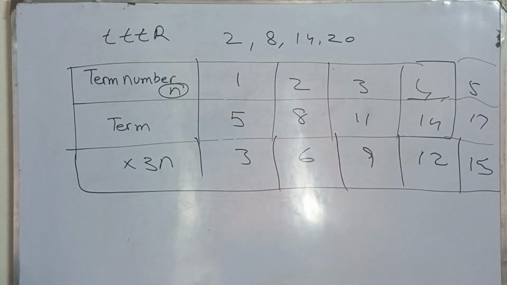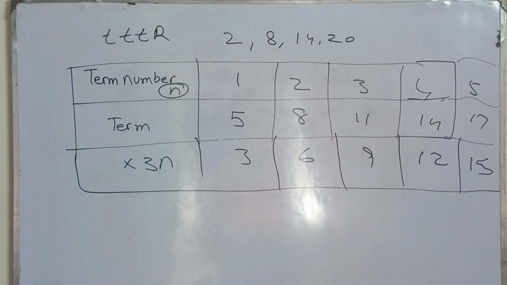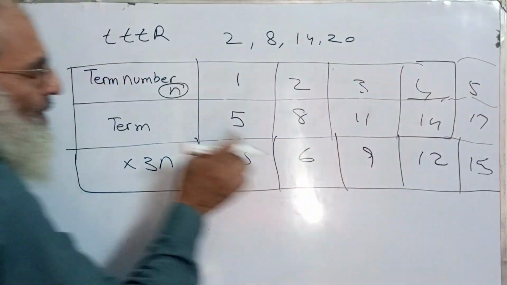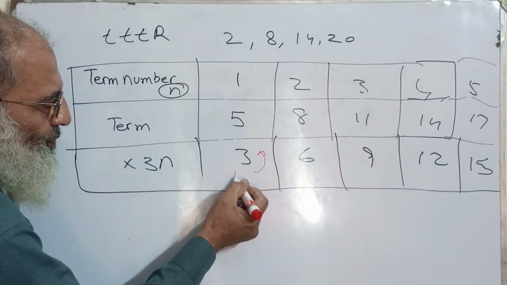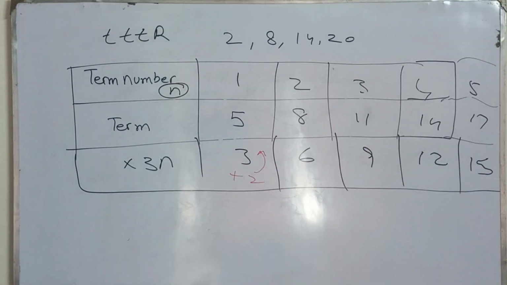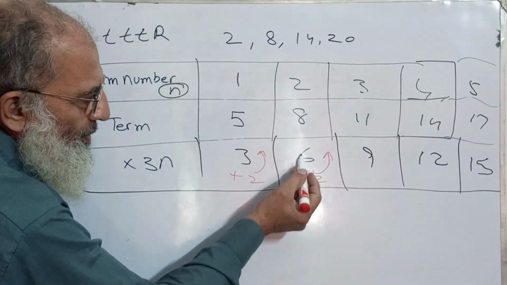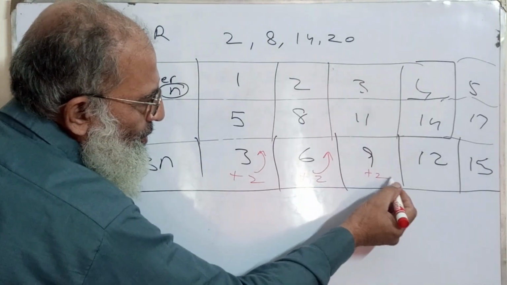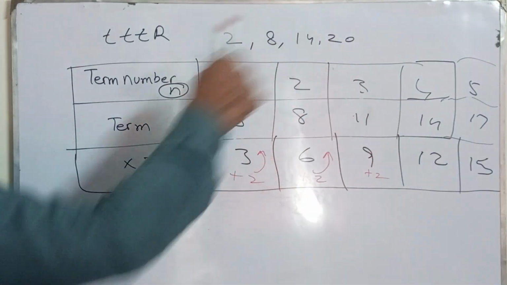Yes, I can find a sequence in between the two, and it is that for each term, 1, 2, 3, 4, 5, you are adding 2. 3 plus 2 is 5, 6 plus 2 is 8, 9 plus 2 is 11, 12 plus 2 is 14, 15 plus 2 is 17.